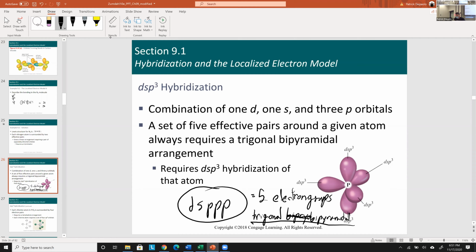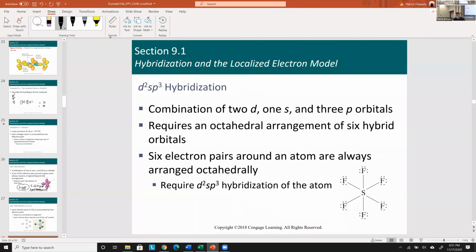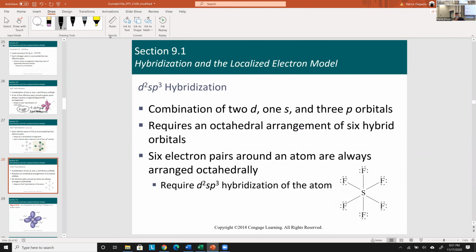Any questions on that one? No? Okay. PCl5 is a great example of that. And then the last one is d2sp3. You can imagine what comes after 5. You have 6, which is your octahedral.